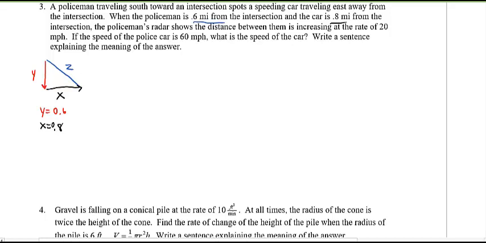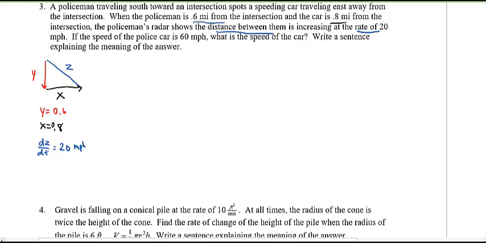It says the policeman's radar shows the distance between them is increasing at a rate of 20 miles per hour. So I'm thinking that's a rate. That must be a derivative. And it's the distance between them, which is z. So I know that dz/dt must be increasing, so it's positive 20 miles per hour.